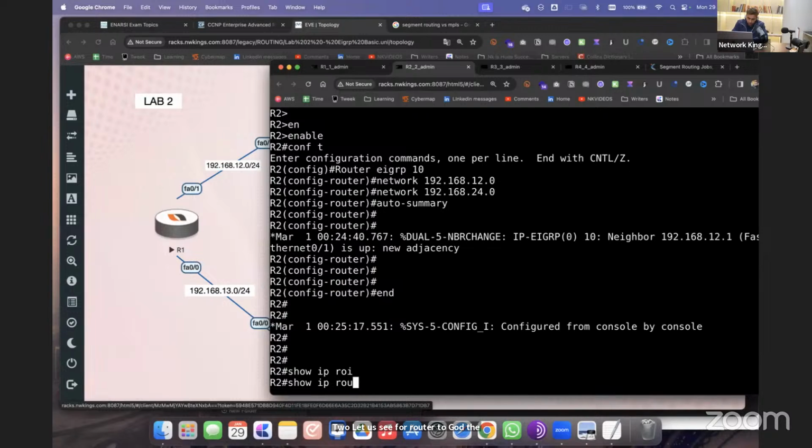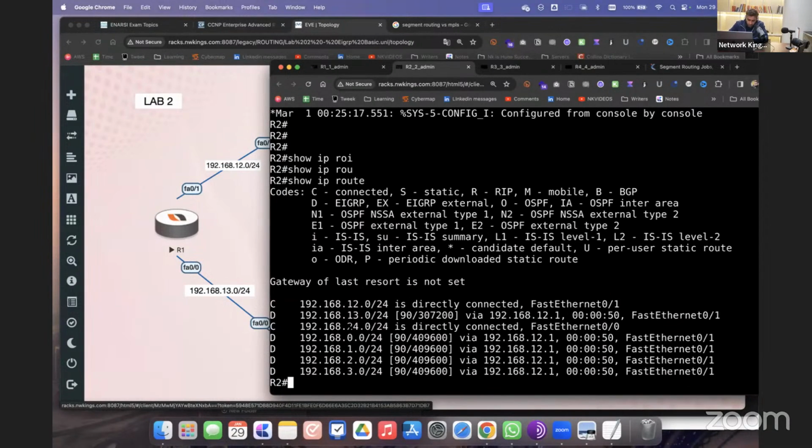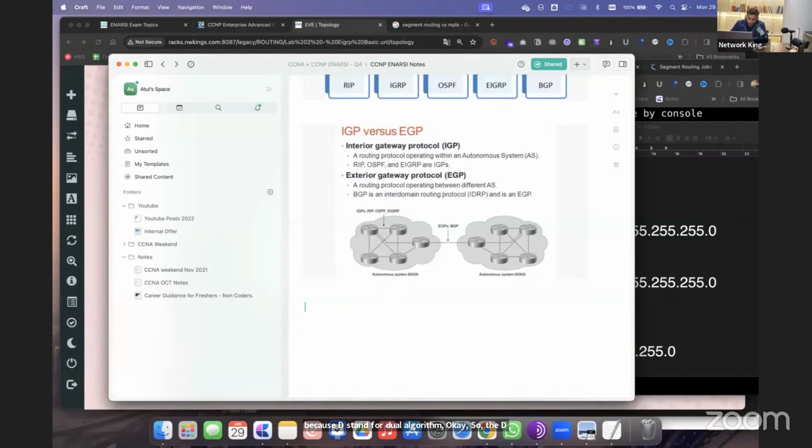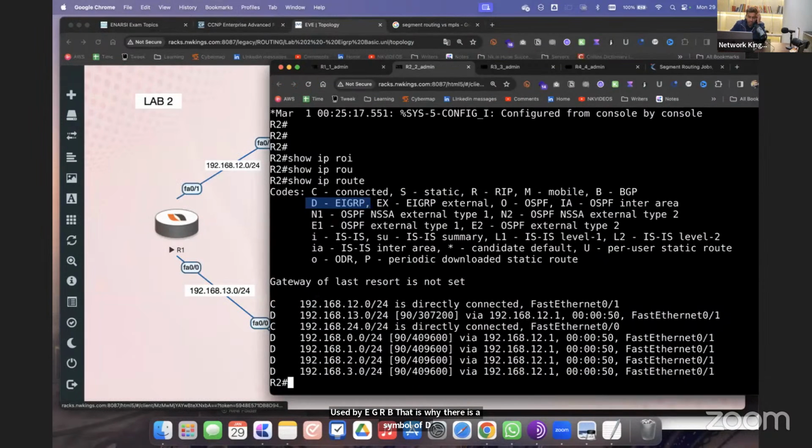Let's see if router 2 got them. Show IP route. Now you can see, guys, we are getting routes with D for EIGRP, because D stands for the DUAL algorithm, which we will be discussing, used by EIGRP. That's why there is a symbol D. Why not E? Because C means connected, static is S, RIP is R. Then why is EIGRP not E?